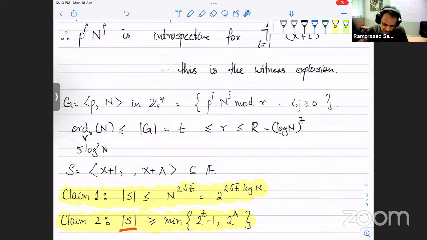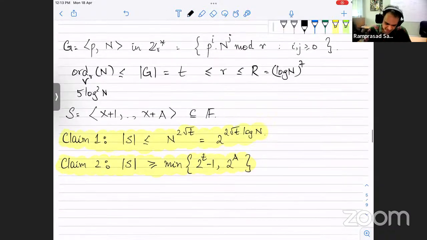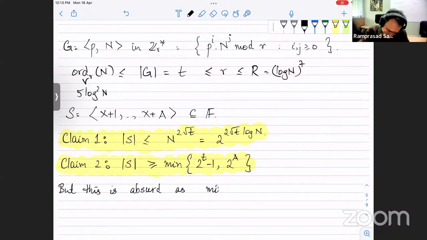But on the other hand, we will say that S is rich enough, meaning that there is a substantial number of elements in S. Before we prove these two claims, notice that this automatically means that something really absurd is happening. But this is absurd, as the lower bound, which is min of 2 power t minus 1 and 2 power a, is actually bigger than the upper bound.